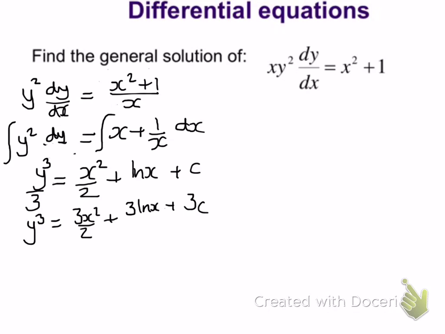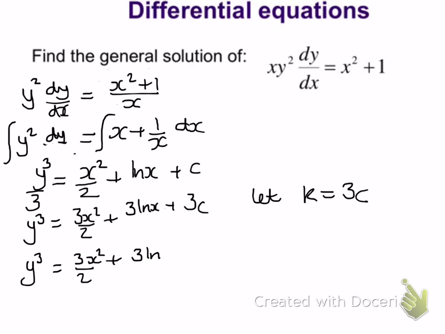But just to make it look neater, let k equal 3c. So our final solution will be y cubed is equal to 3x squared over 2 plus 3 ln x plus k.